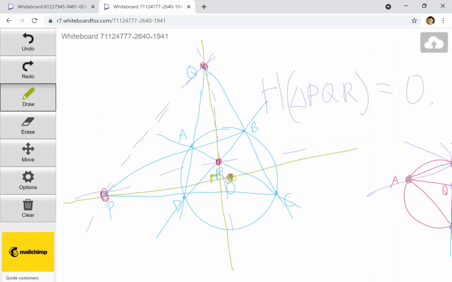Because QR is supposed to be the polar of P. So OP is basically an altitude of the triangle. Similarly, OQ is the altitude of the other one, and so O is the orthocenter.